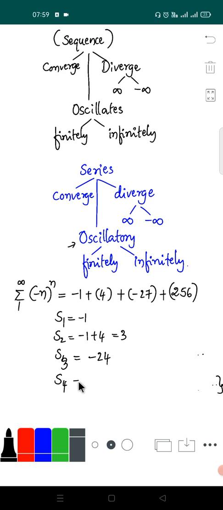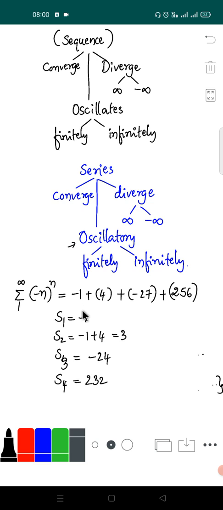S4 is something positive, minus 24. If you remove minus 24 from this, what do you have? That is 232. So this is a positive term.